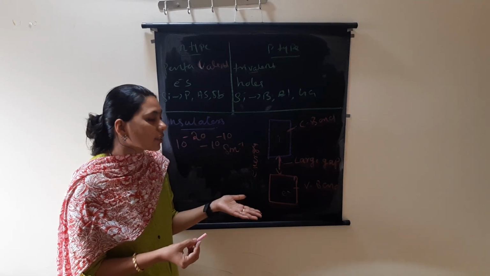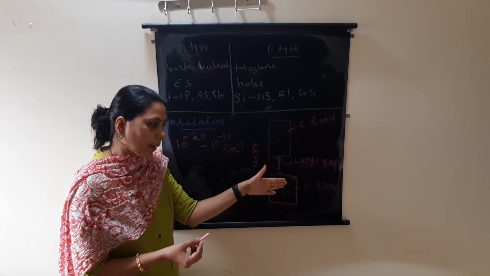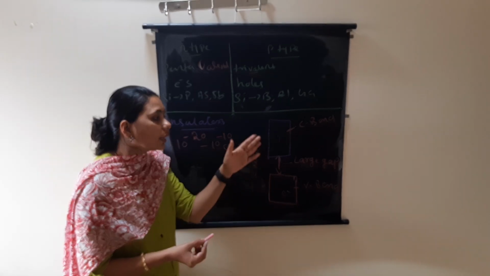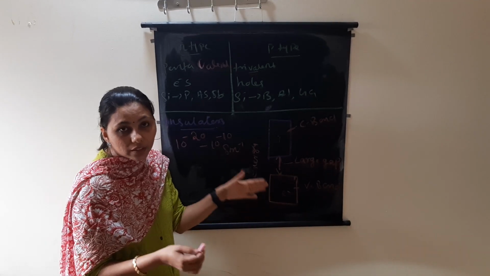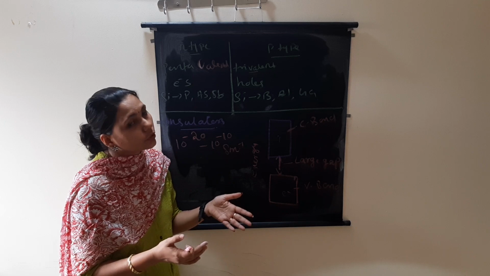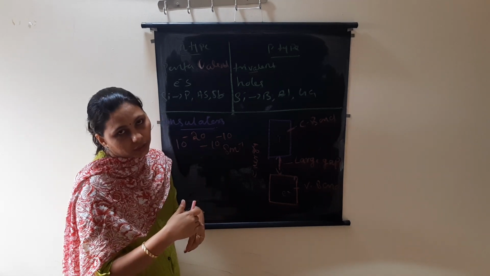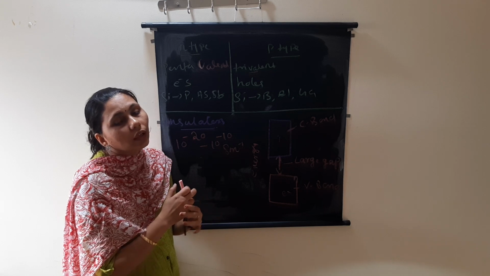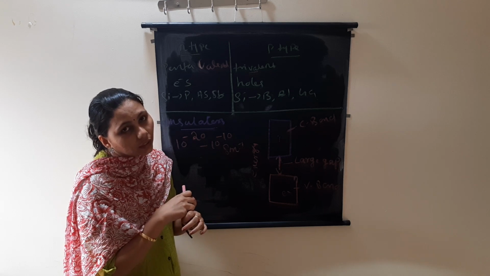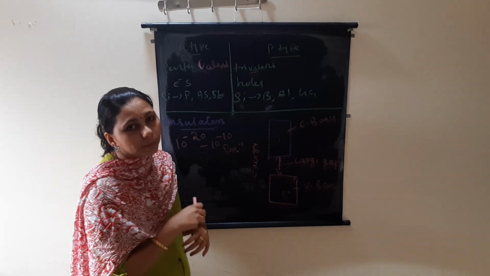In insulators, the gap or forbidden zone between the conduction band and the valence band is large, so the excitation of electrons is not possible. That is why they have low conductivity. So that is about conductivity based on band theory. Clear, all of you? Clear? Thank you, girls.